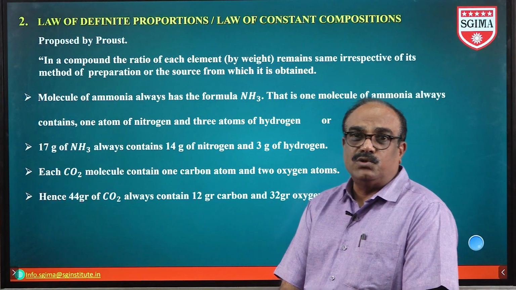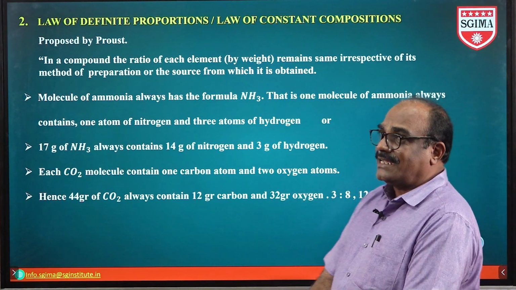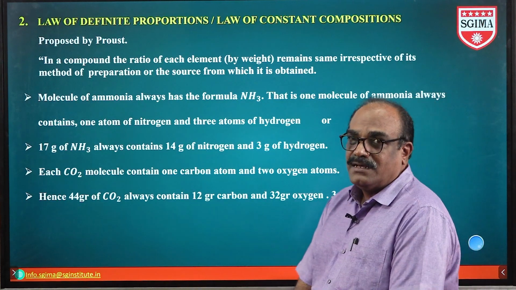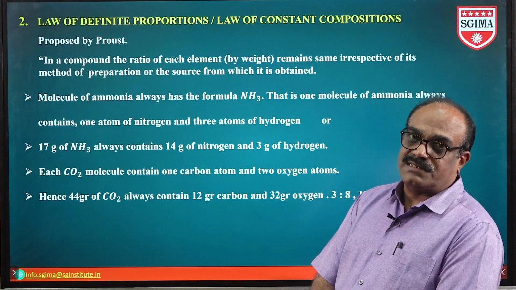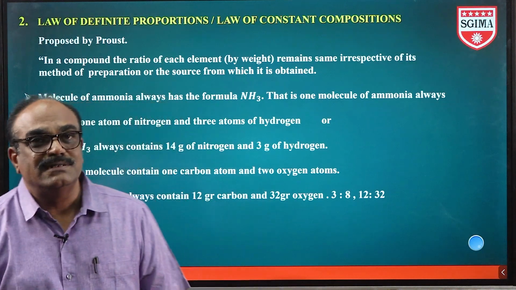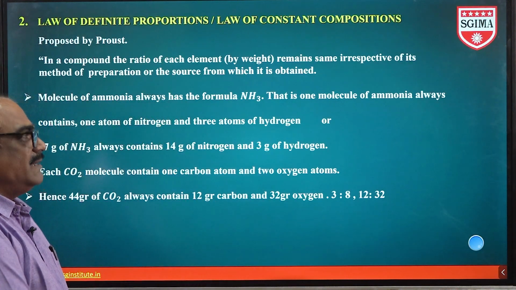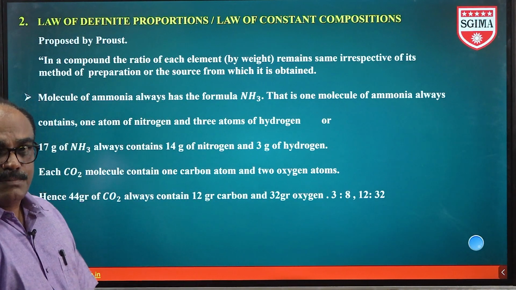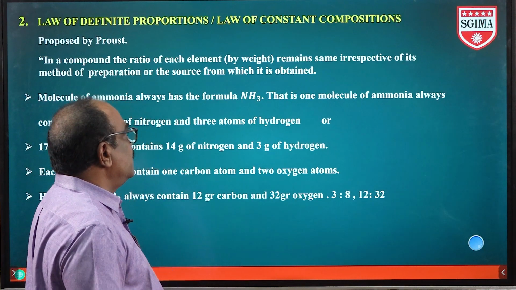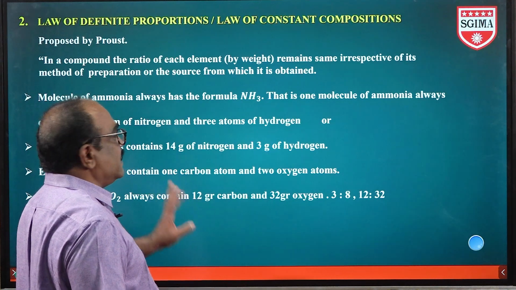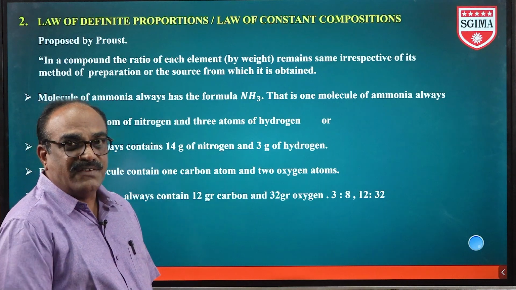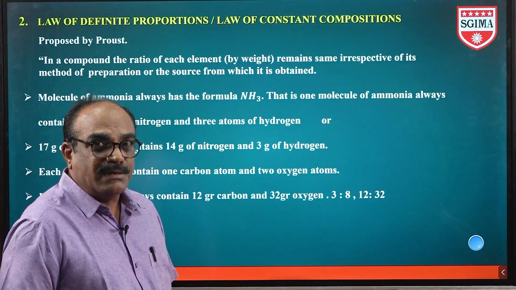Now, let us go to the second law of chemical combination, the law of definite proportions, or law of constant proportions. When you prepare a chemical compound by any method, for example water or carbon dioxide, the elements should combine in a fixed proportion by weight, that is, by mass.